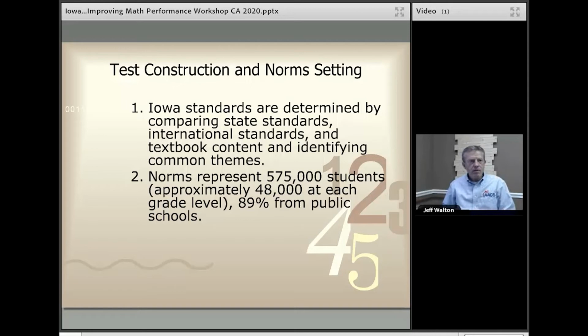It's coming from this process of evaluating a wide range of standards, looking for the common threads, and testing a large group of students, finding average performance on test items and subtests.